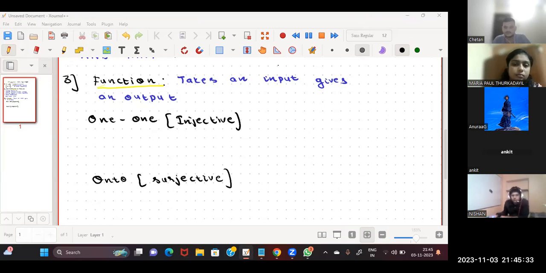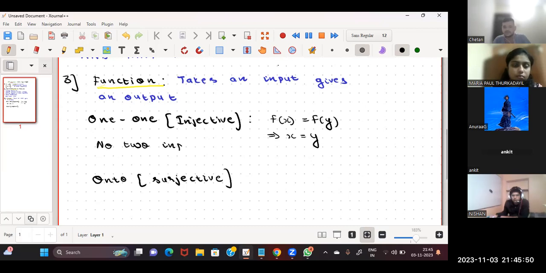That means if you have the same output for two inputs, then those inputs would be the same as well. No two inputs give the same output. That is correct as well. That means for every input, you have a unique output. That's the key word there. For every input, you will get an output if it is a function. But for every input, you will get a unique output.